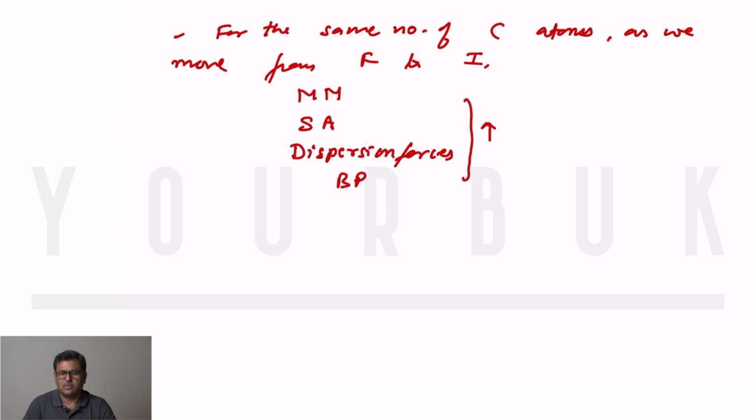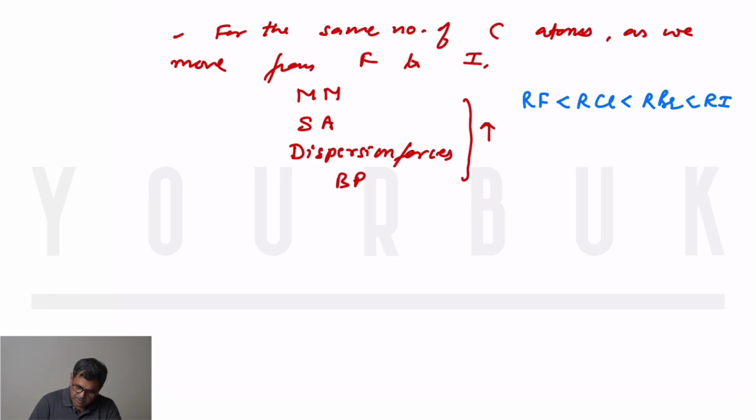So write this in a compact, short form. Our boiling point order is RF, RCl, RBr, and RI. This is the order of increasing boiling point.